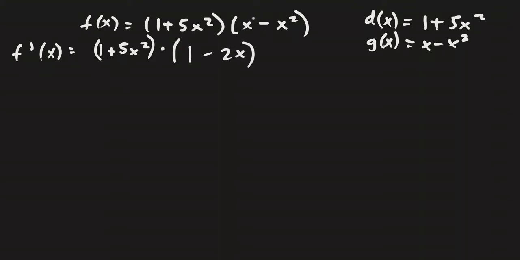Because this is x to the power of 1, you bring that down times x to the power of 0, which is just 1, minus 2x to the power of 2, bring that 2 down, 2x to the power of 2 minus 1, which is just 2x.